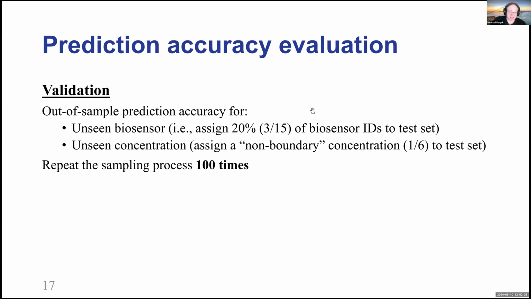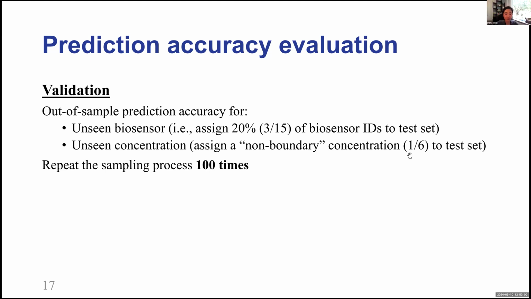So suppose we take a low concentration 1 and it's not used in training, it's only used for testing. What we are seeing is that so far our method does not perform as well as if this concentration were in the training data set.